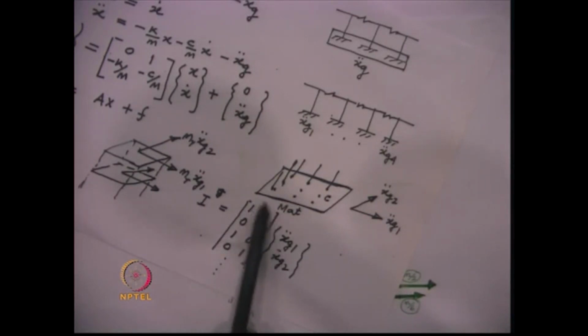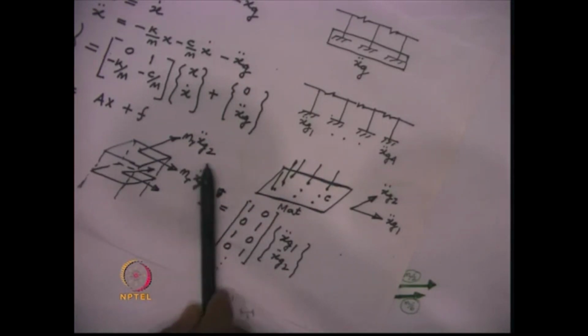So, the influence coefficient vector, that is I transpose, is given by 1 0 1 0 and then 0 1 0 1 and so on, where x double dot g is represented by x double dot g1 and x double dot g2, that is what we have shown. So, for a 2 component ground motion, we get the influence coefficient vector in this particular form.